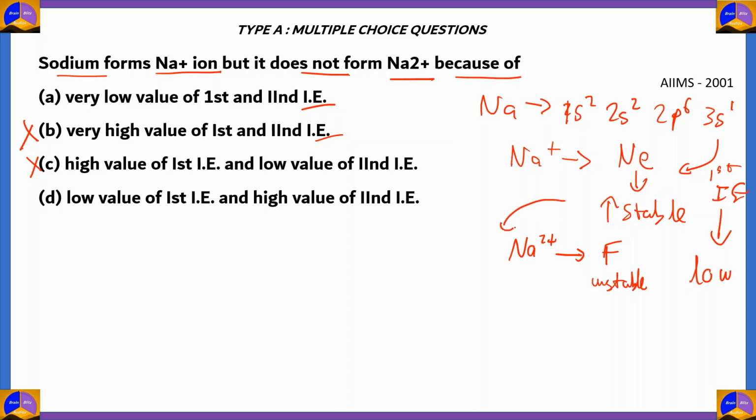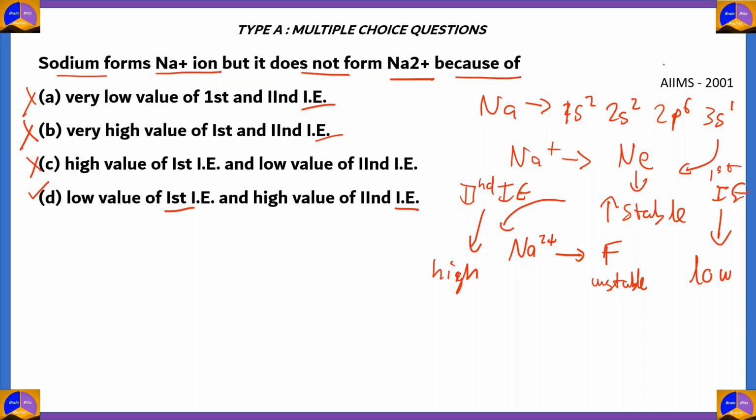So the second ionization energy will be ridiculously high. Therefore, that disproves option A, and it says that option D, low value of first ionization energy and high value of second ionization energy, is the right answer.